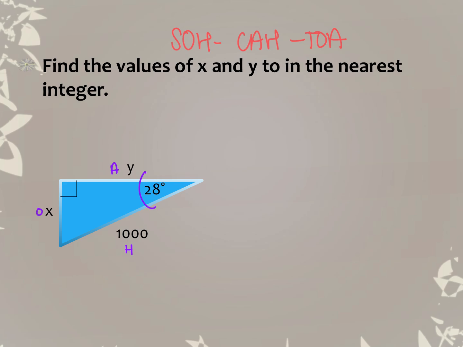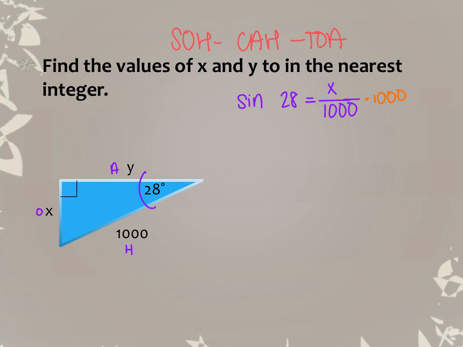So you guys have to be able to use that process of elimination. Which one am I solving for? So solving for x, I'm going to use sine. I'm going to have sine 28 equals opposite over hypotenuse. So solving, I'm going to go ahead and multiply both sides by 1,000.